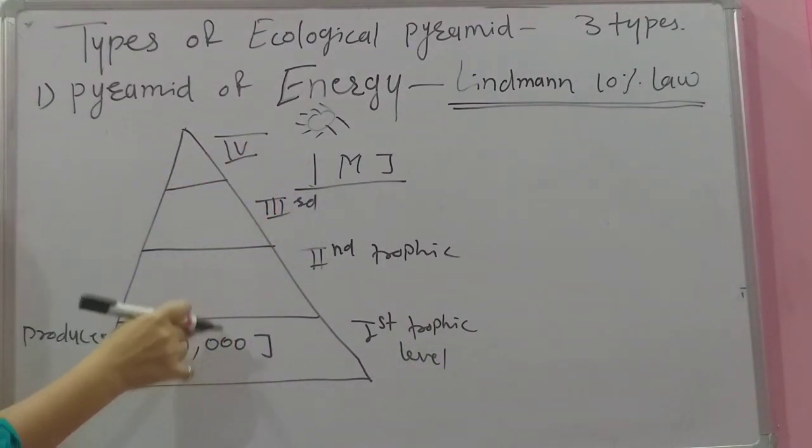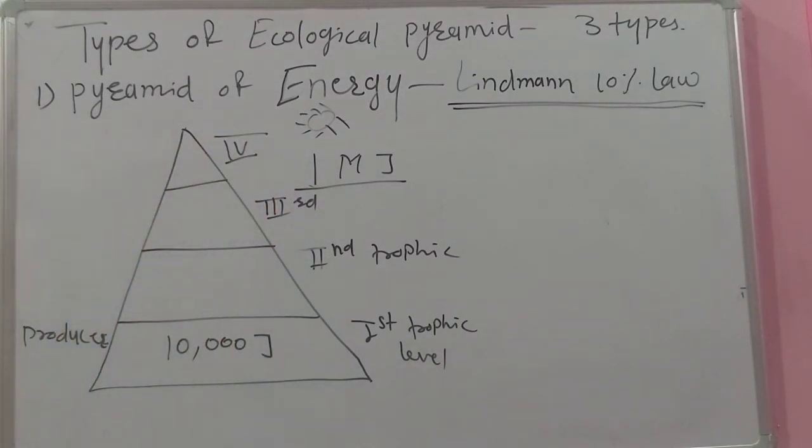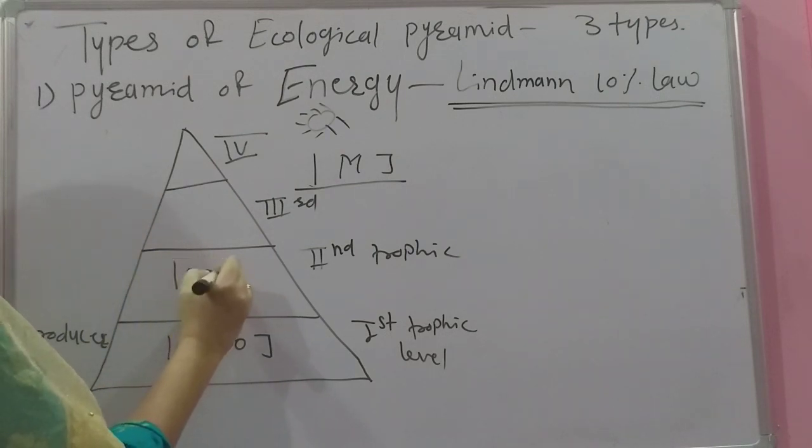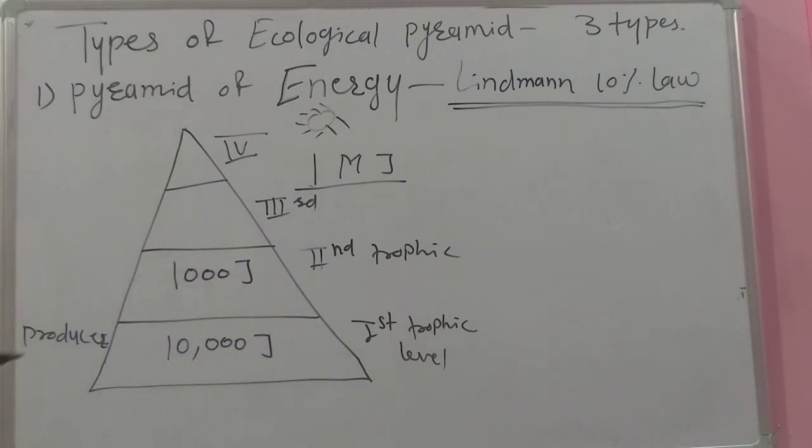In the first trophic level, 10,000 Joule of energy is stored and used in photosynthesis by the producers. Out of this 10,000, only 10% is transferred, that is, 1,000 Joule from the first trophic level to the second trophic level.